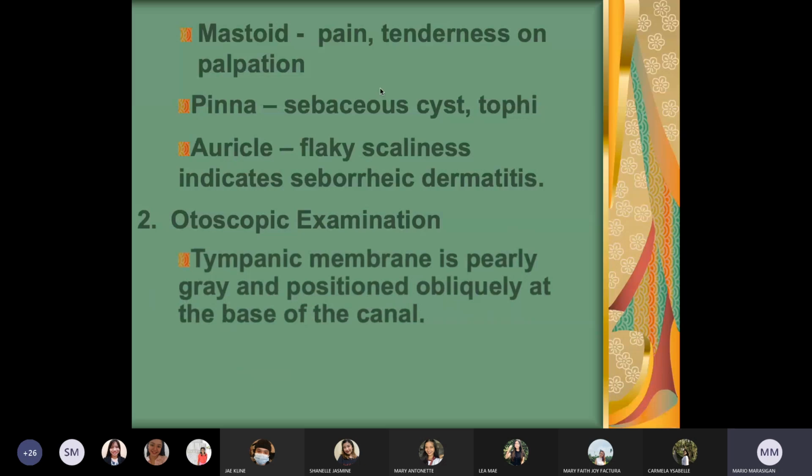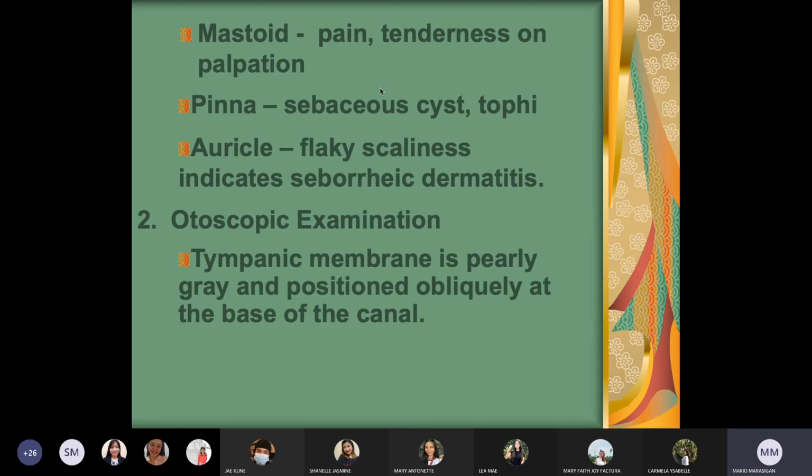Next is otoscopic exam. So for otoscopic examinations, the tympanic membrane is inspected, of course, using your otoscope. Everyone has seen an otoscope. No? It is a handy examination gadget.